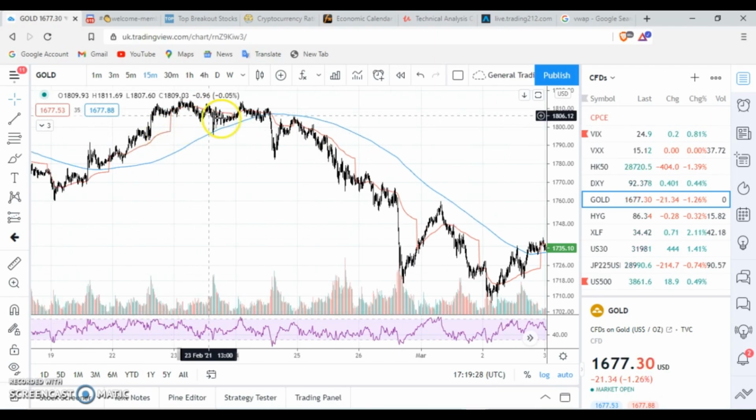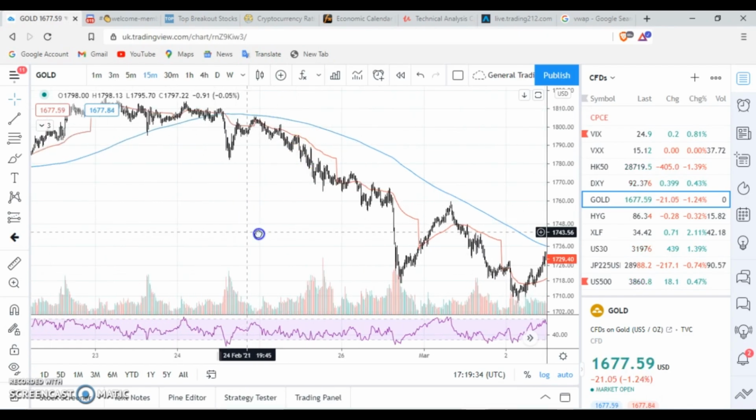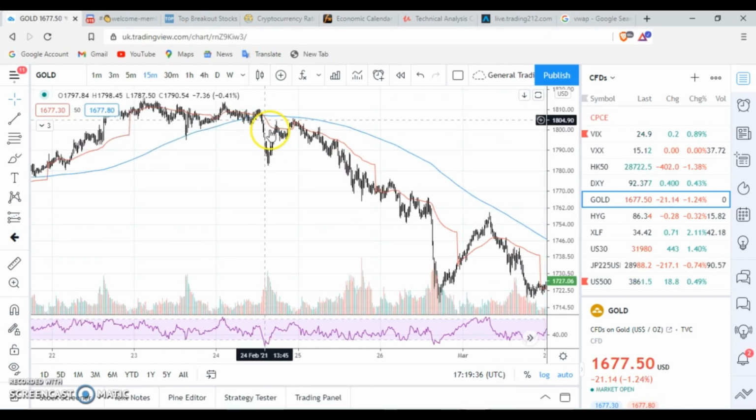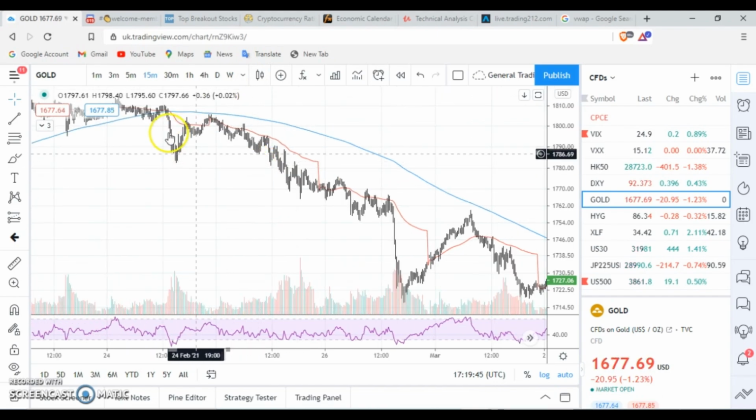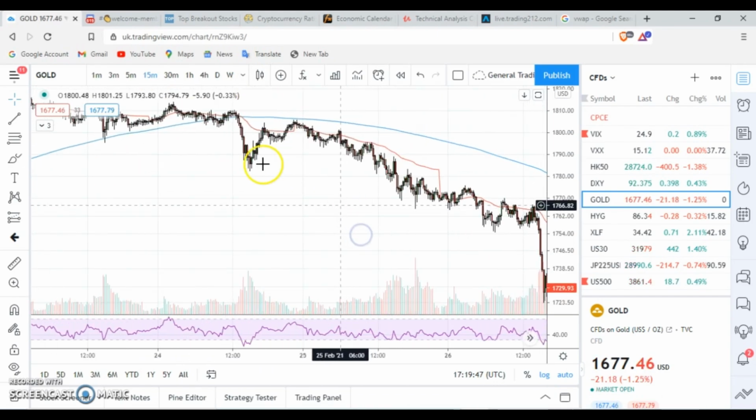And when the VWAP tests the 200 moving average and crosses it, with the price below, you can short the instrument. Even that move on gold is actually quite a massive profit, depending on your position size.